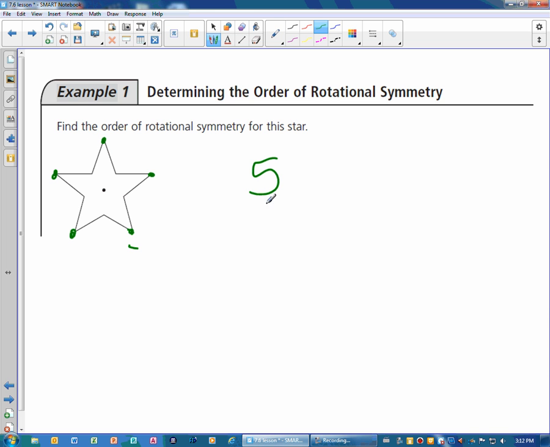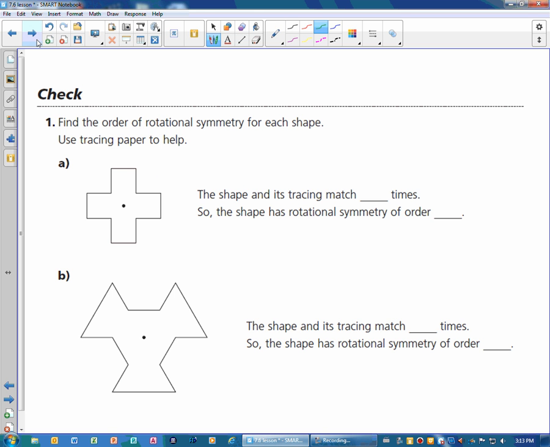It's not surprising that the order of rotational symmetry for the star is 5. There's not a lot of demonstrating to do in order to demonstrate your knowledge. This one's pretty straightforward, and it's difficult to show any work other than maybe going 1, 2, 3, 4, 5, showing it would be 5 rotations.